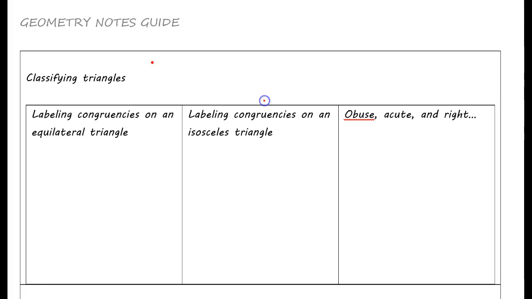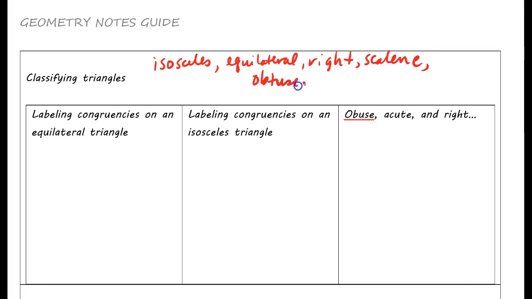So there's a bunch of words that might be used. Isosceles is one of them, equilateral, right. These are all different types of triangles. Isosceles, equilateral, right. Scalene is also a type of triangle. Obtuse and acute.